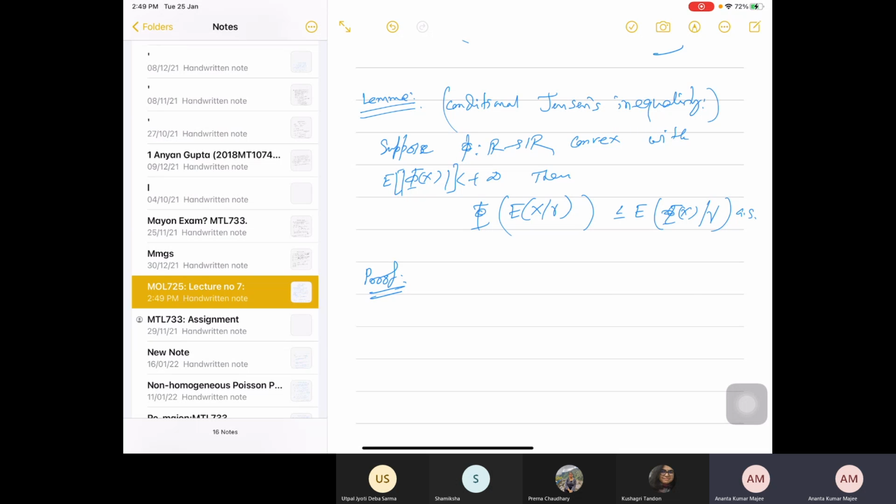For the square function, I know that x goes to x squared is a convex function. That means at any point you consider any linear function which is below phi, and then take that maximum.